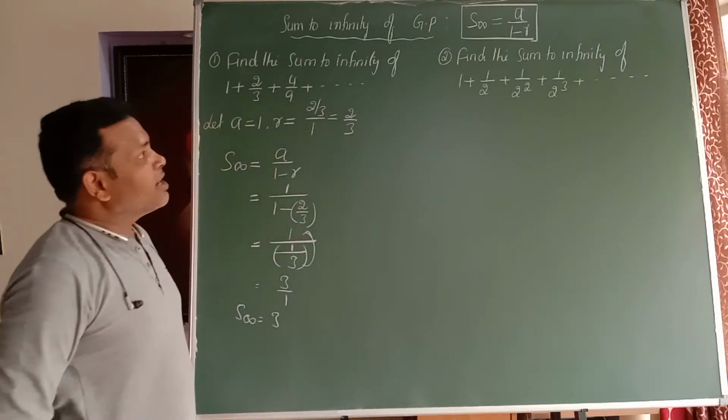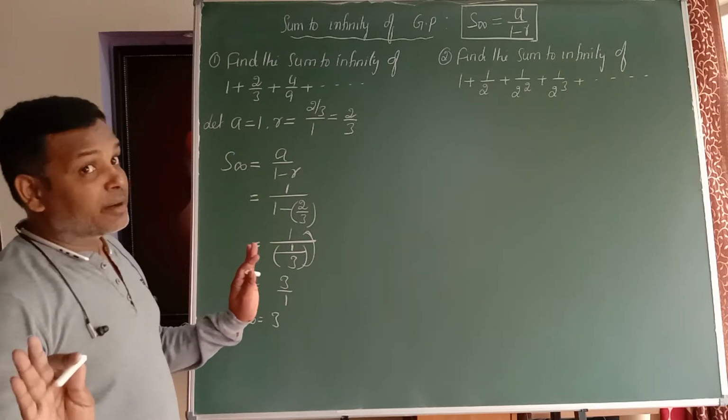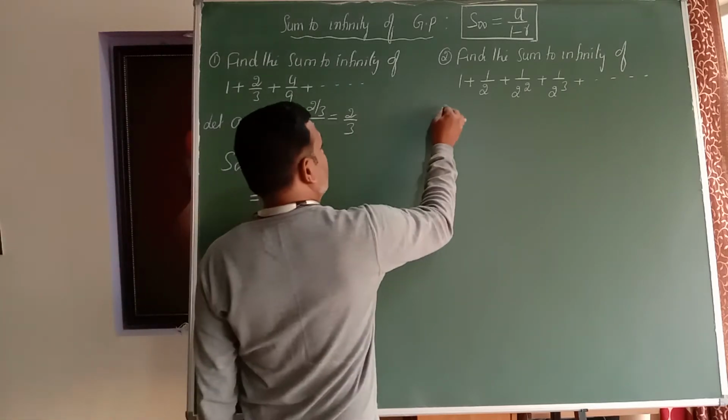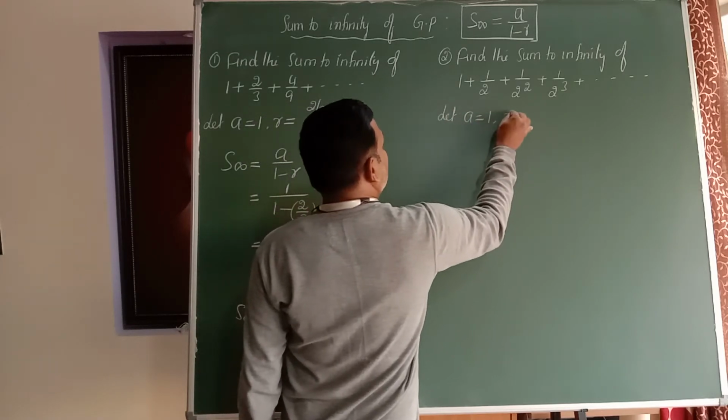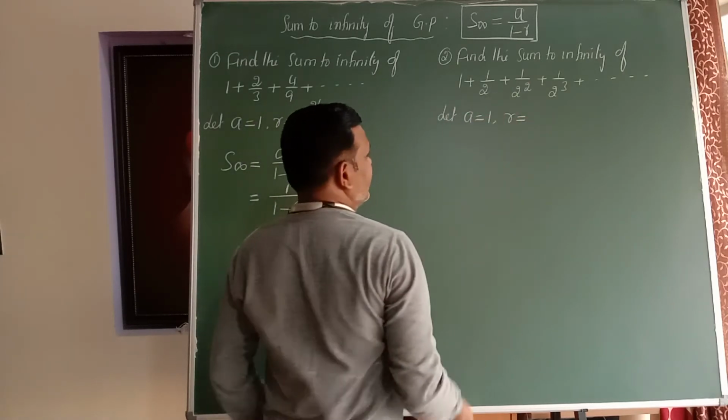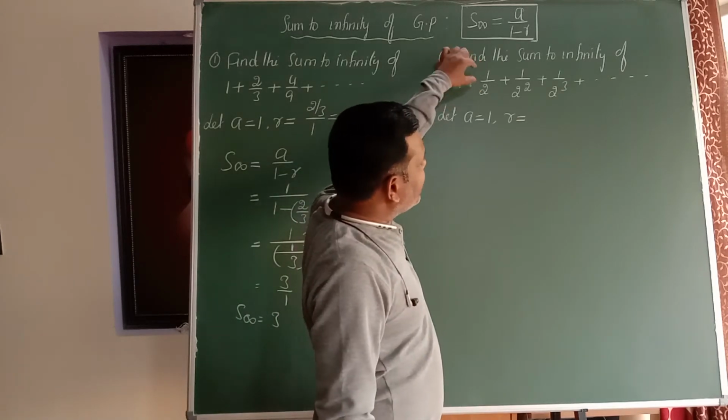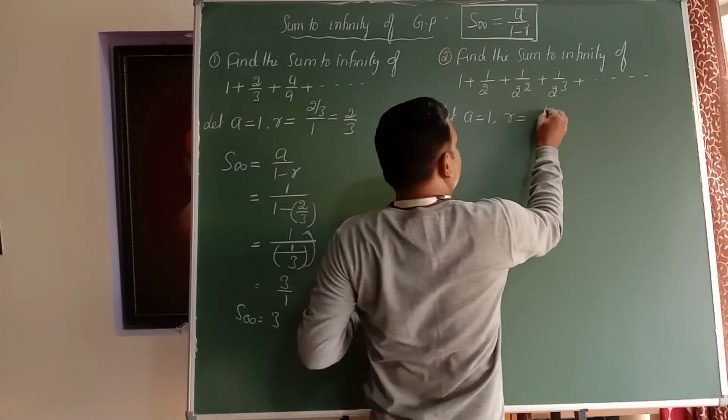To do this problem, sum to infinity is again a geometric progression concept. Let A be equal to 1, the first term, and R is equal to T2 by T1, which is 1 by 2 divided by 1, that is 1 by 2.